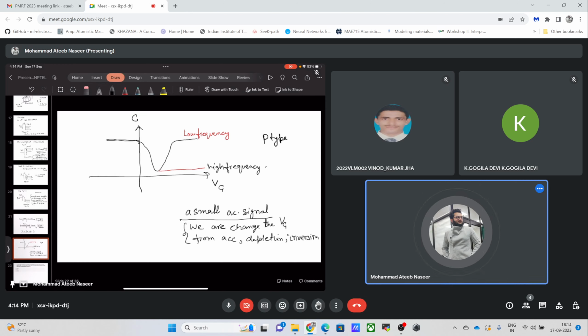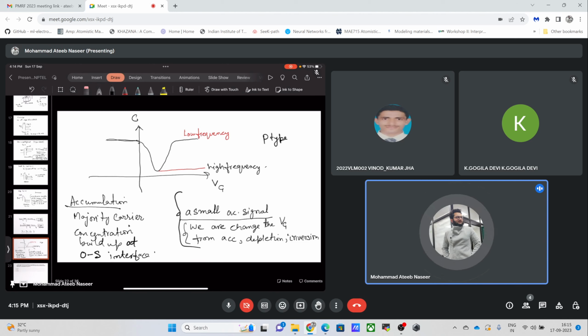So this accumulation would be associated with the majority carrier concentration build up at this oxide semiconductor interface.